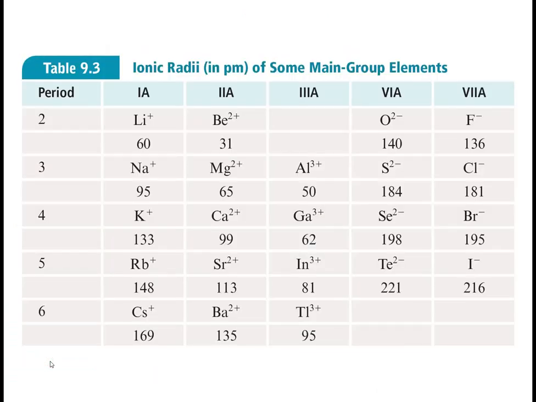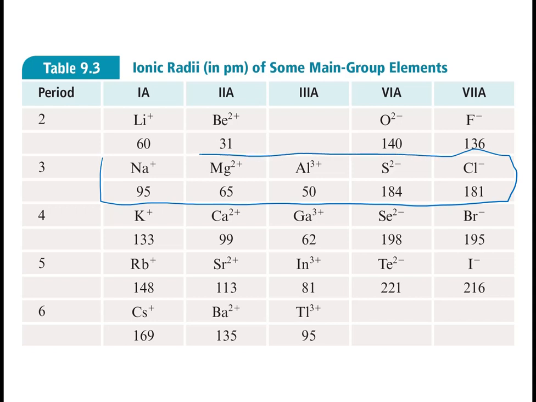And this table is from the textbook, and it shows you the different trends. Okay. So if I go across a row, this is the main groups, you see here the fact that there's two different things going on. I'm going from +1 to +2 to +3. What happens to the size? 95, 65, 50.